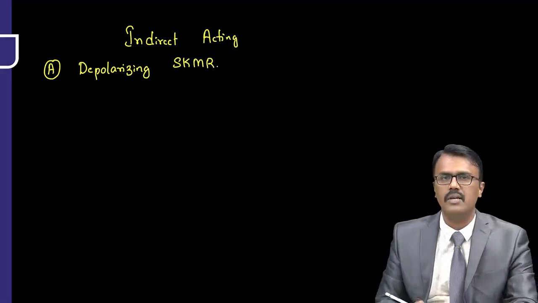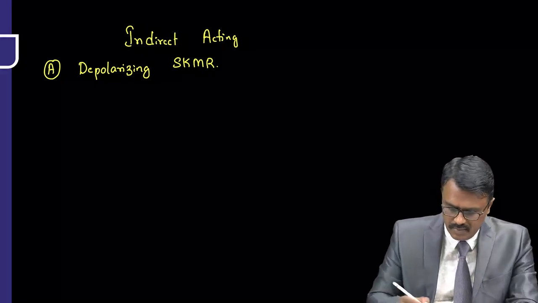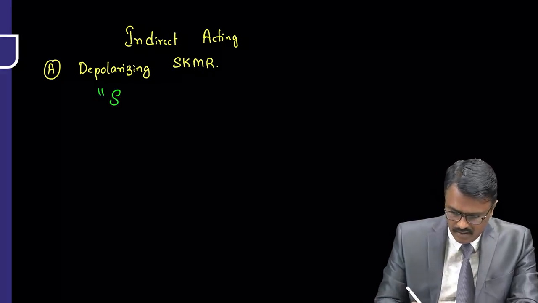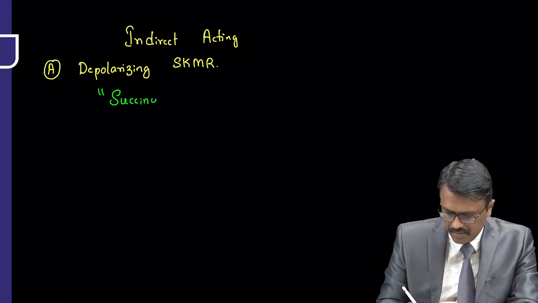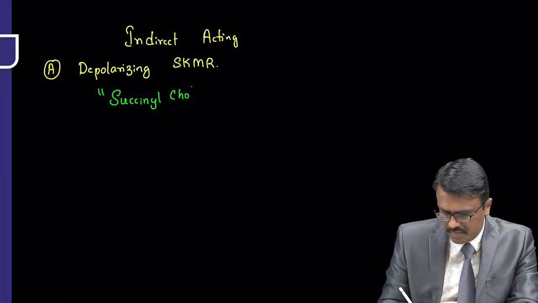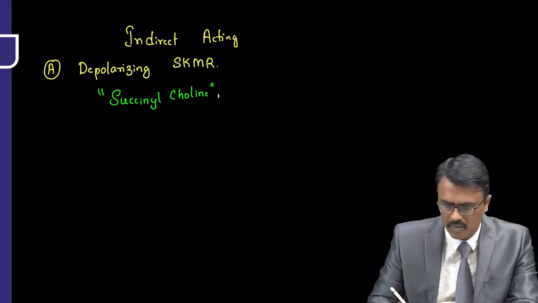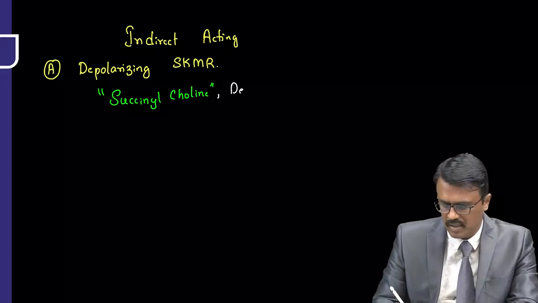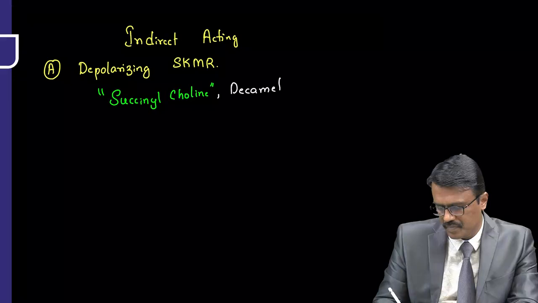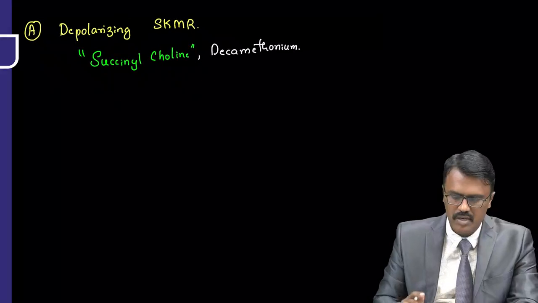It is called the depolarizing skeletal muscle relaxant. The major drug here is succinylcholine. It sounds like acetylcholine. The main drug is succinylcholine, and one more, the older drug is decamethonium. Decamethonium.